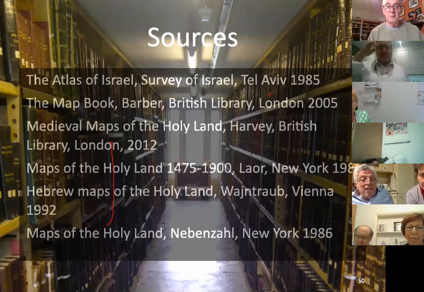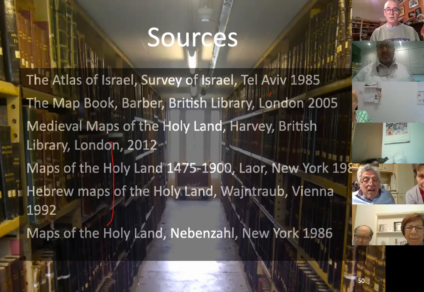Laor collected maps for about 50 years when he was working in Europe, and then donated them all to the National Library. You have to phone up and make an appointment to visit, but it's completely free and they're delighted to show you around. You will see many of the maps that I've shown you are either in the British Library or in the Israel National Library.